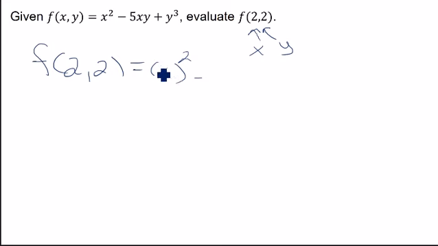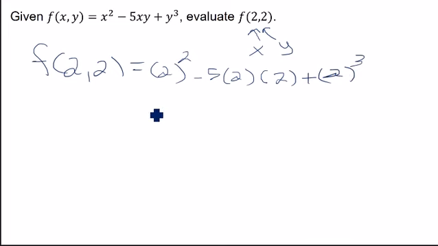So we have 2 to the power 2 minus 5, and in place of x I'm going to put 2 in parentheses, and then another parenthesis, and the y is going to be replaced by 2 again, and plus y cubed is going to be 2 to the power 3.